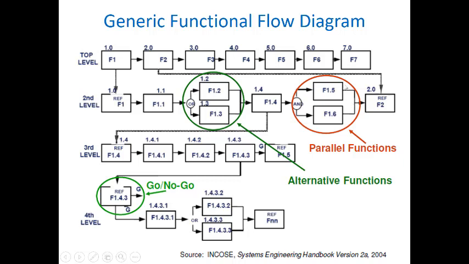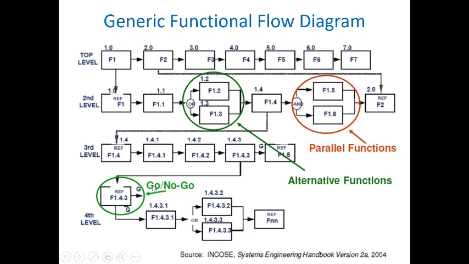We may also have scenarios in which after performing, for example, function 1,4, we have to perform function 1,5 and 1,6 in parallel. They should not necessarily be performed in sequence. We can perform these 2 functions in parallel before we can proceed with the next function. We can specify those with AND, which basically means after 1,4, both 1,5 and 1,6 should be performed.